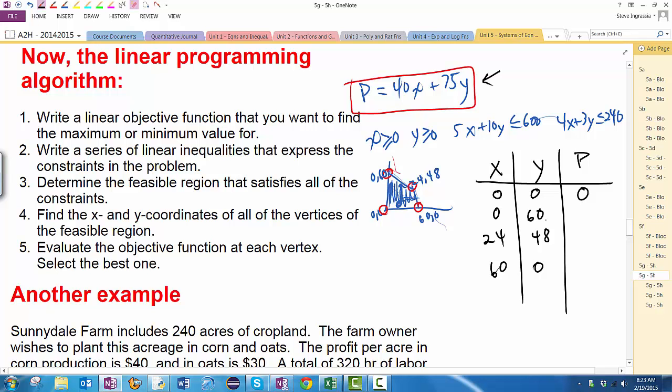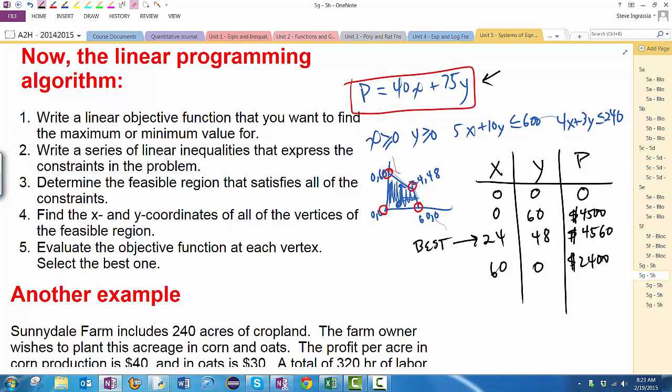If I do 0 desks and 60 bookcases, my profit is 4,500. When I do 24 and 48, my profit is 4,560. I believe that's one of the ones you did at the very beginning of this lesson. What a coincidence. When you do 60 and 0, my profit is 2,400. One of these 4 is the minimum, one is the maximum. So the best profit is this one.